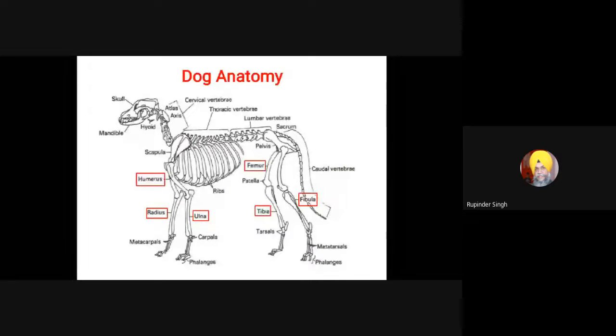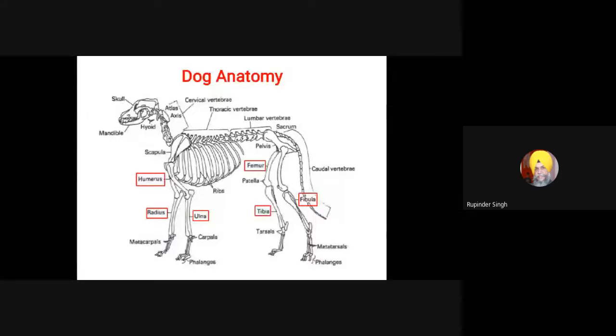this is the anatomy of the dog, and because most of you are from the engineering side, I think you will appreciate the various regions of the animal body. In the front legs, there are the humerus, radius, and ulna.